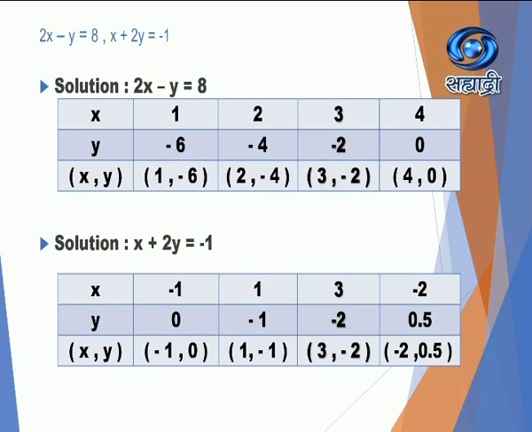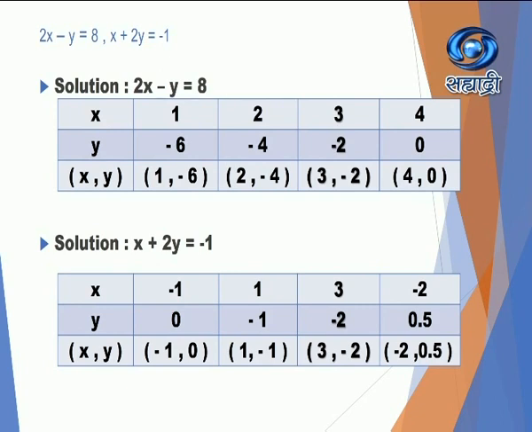The two equations are 2x minus y equal to 8 and the second equation is x plus 2y equal to minus 1. Now for the first equation, 2x minus y equal to 8, you may choose any value for x which is comfortable for you. So here I have taken x equal to 1.